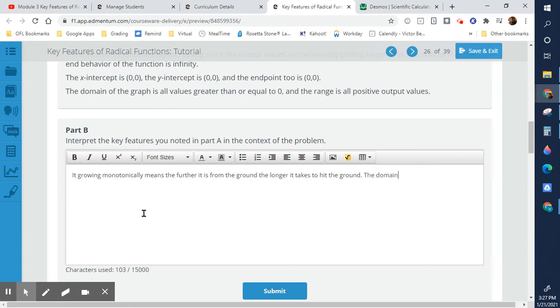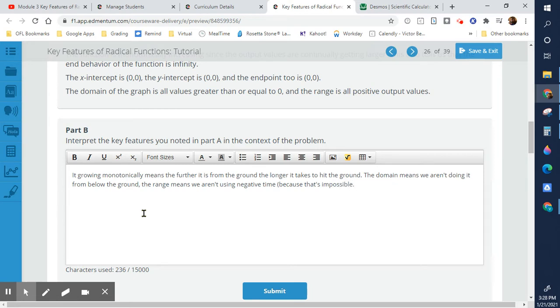The domain means we aren't doing it from below the ground, which is pretty obvious. The range means we aren't using negative time, because that's impossible.